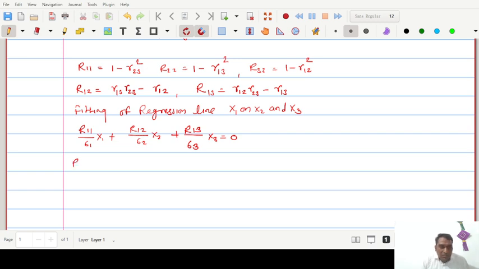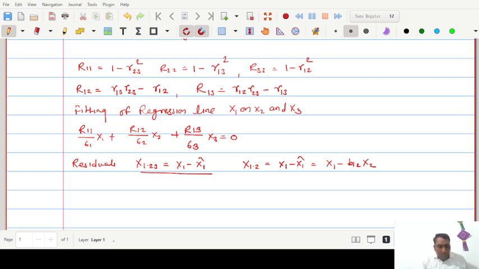Then the residual is denoted by x1 dot 23, which is the difference between the actual value x1 and the estimated value x1 cap using the linear equation. Then we find this term also, x1 dot 2, so x1 minus x1 cap, this is for only two variables, so x1 minus b12 x2.